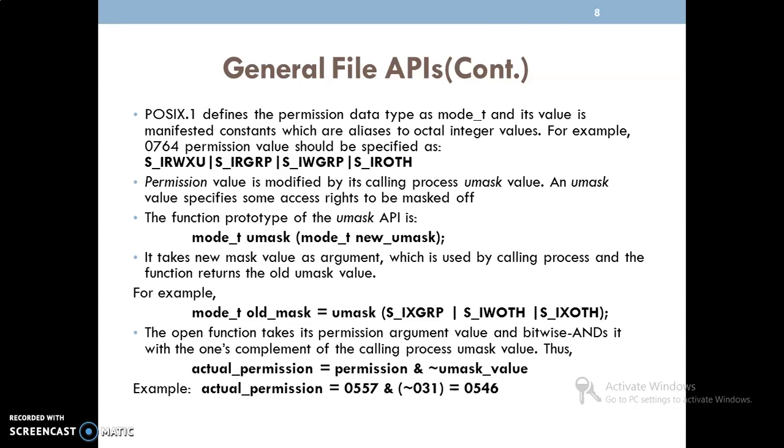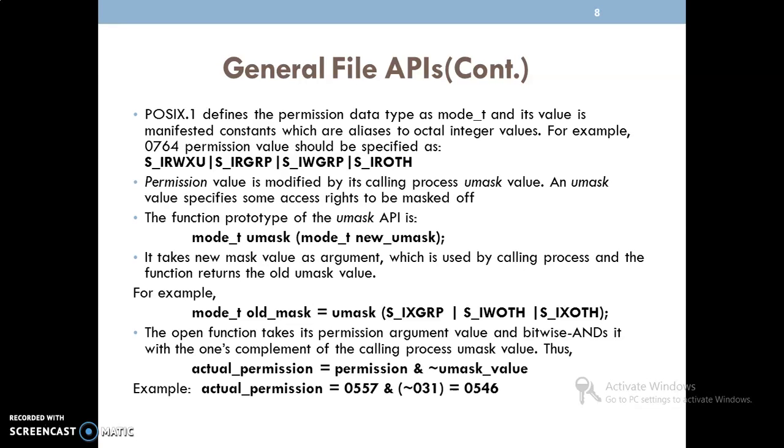So this permission value can be modified by the calling process by using the umask value. Here the umask value specifies some of the access rights to be taken off or masked off. You might have one question. By default, whenever a file is created, it will be created with all the permissions for all the categories, that means read, write, execute.